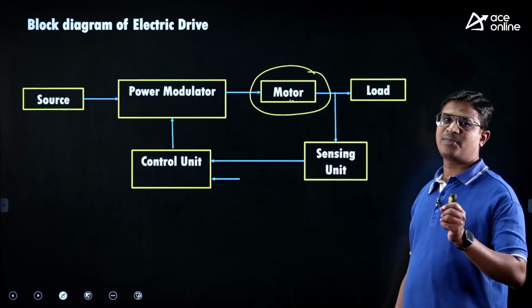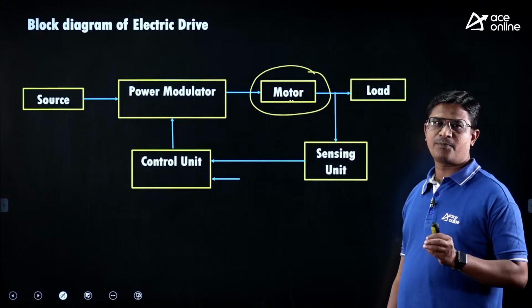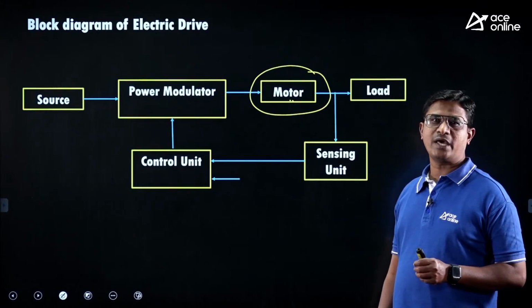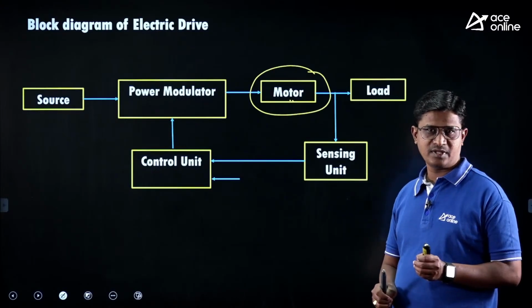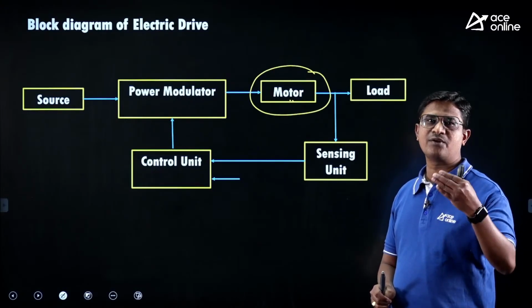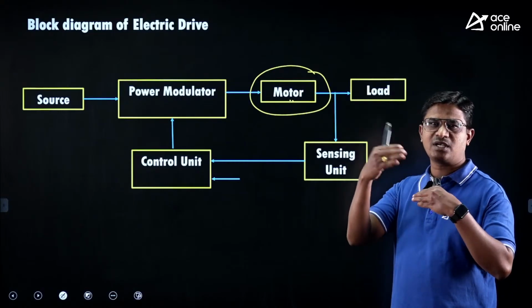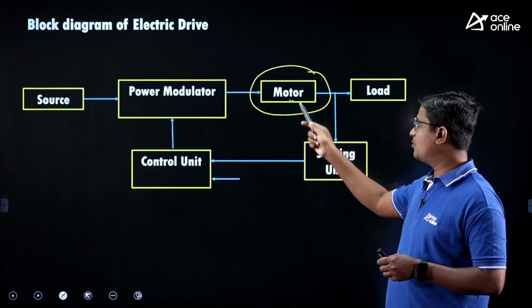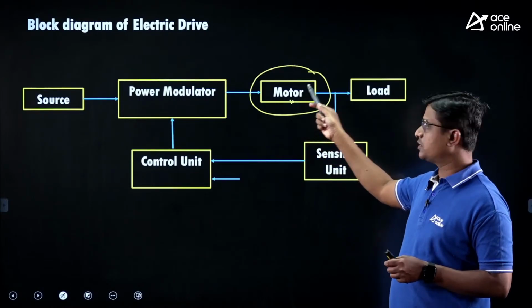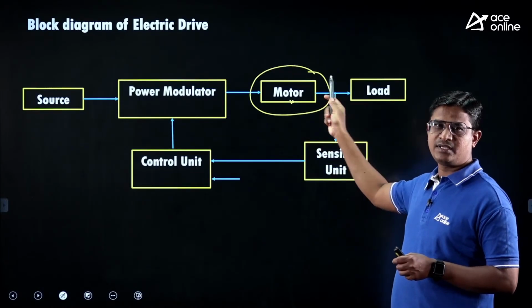all right. For example, suppose for a particular application we are interested in controlling the speed of a motor from 1000 rpm to 1500 rpm, between 1000 and 1500. And let us consider the suitable motor for this particular load is a DC motor.